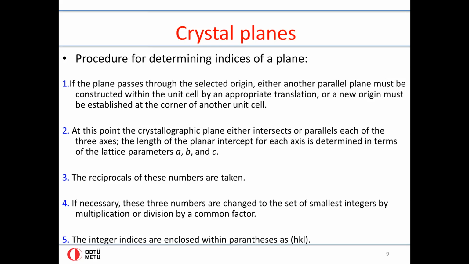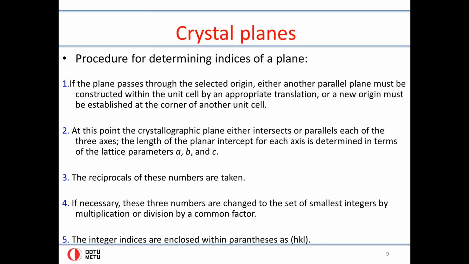So if it does, this causes a problem, and the plane must be shifted with respect to the chosen origin, so a parallel plane must be chosen, or the origin must be shifted, which is the same thing. So the plane being used must not pass through the origin. So this will make sense in a slide or two.